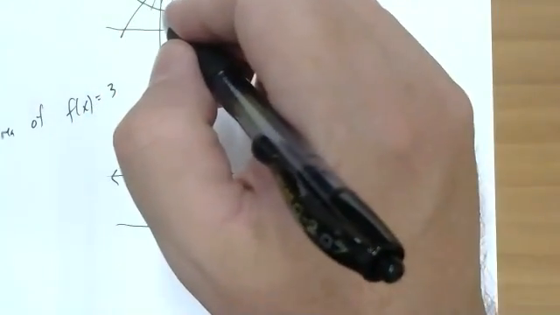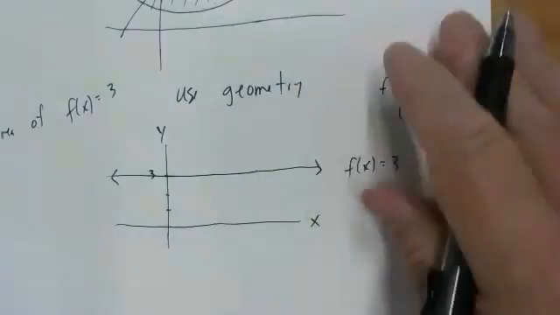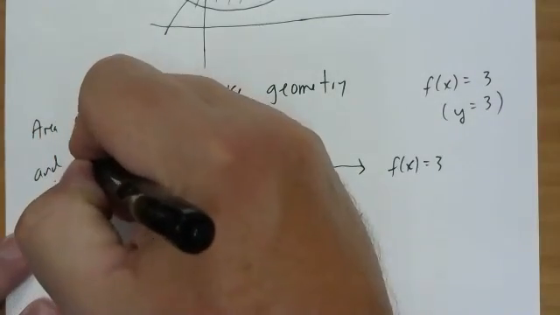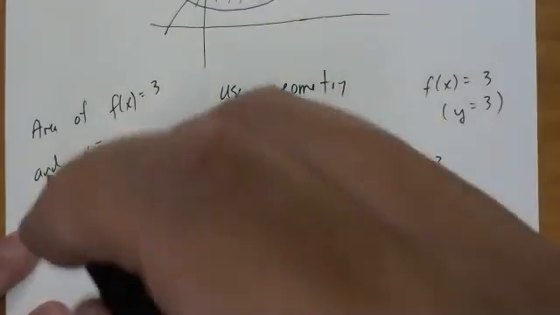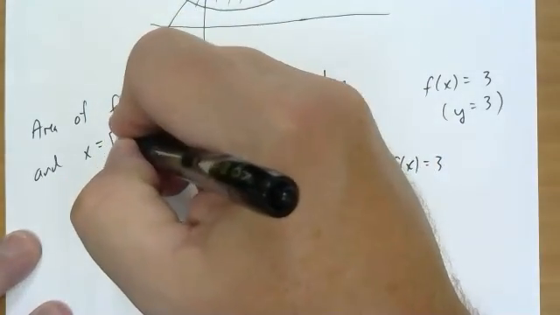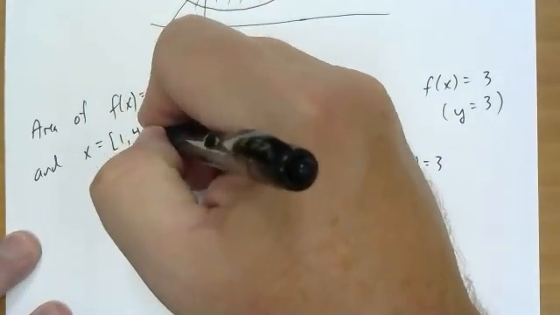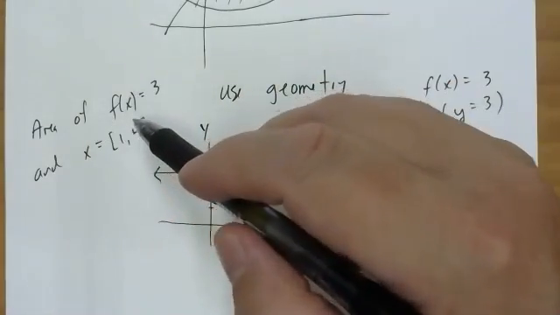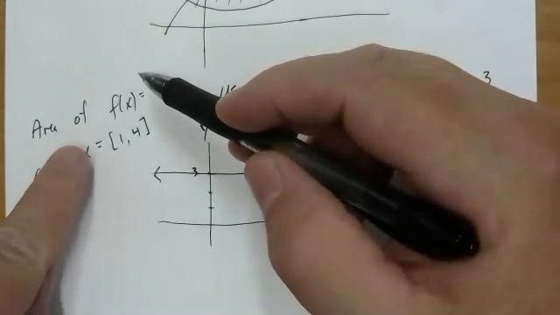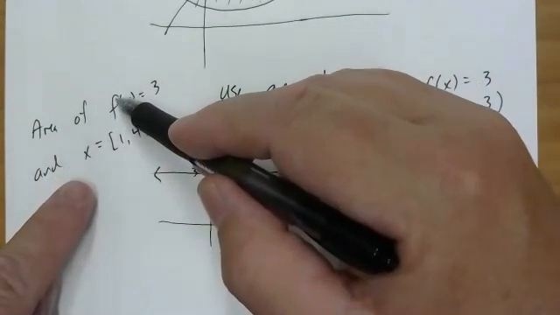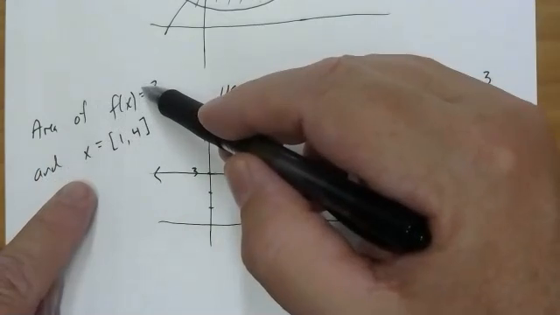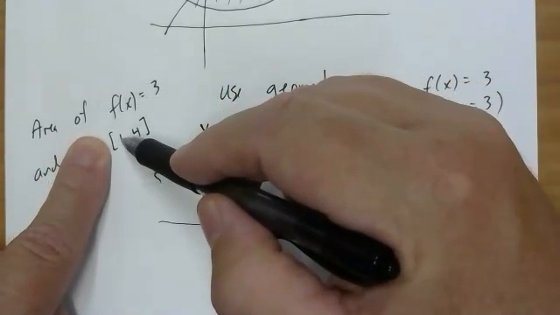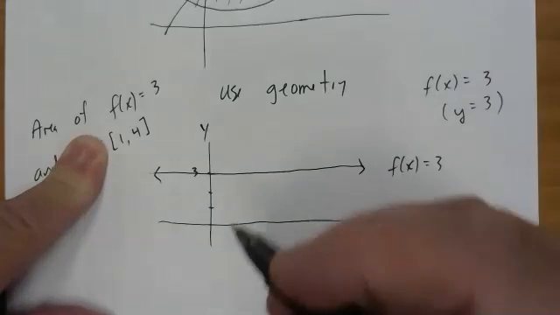And then a lot of times what I will do to make it very clear, sometimes I will say x, and I'm going to write x as an interval, like from 1 to 4. Although just beware, sometimes when they give you these problems, they won't say x equal, they'll just say the area between f of x equals 3 and from 1 to 4. What they're really saying is when x goes from 1 to 4.